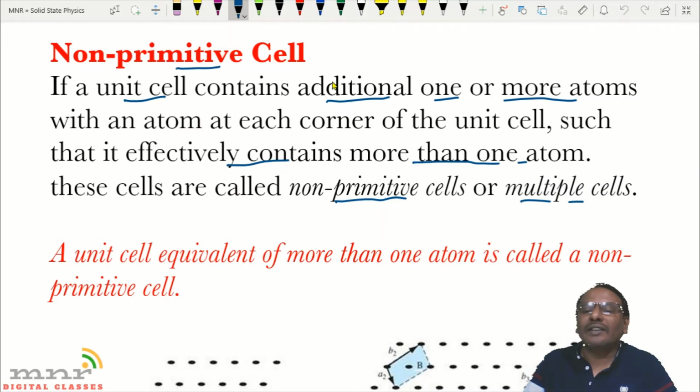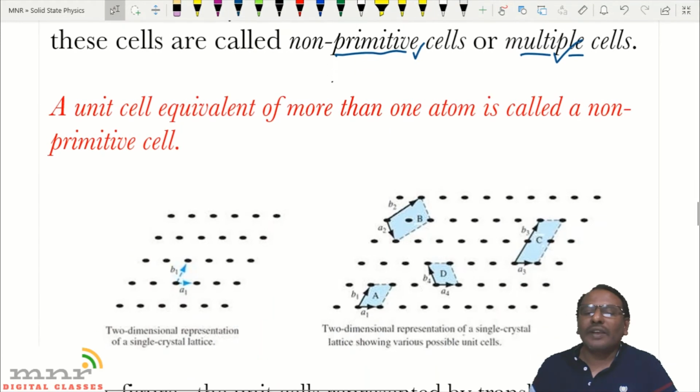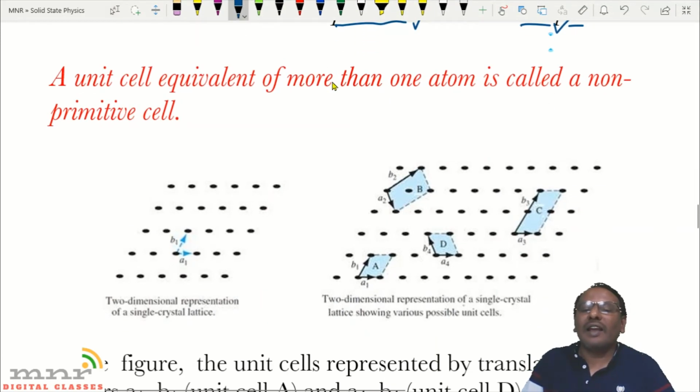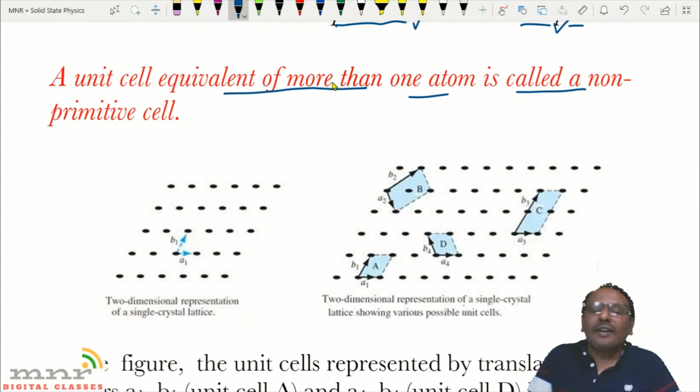We can have additional atoms at the edges or center or on the faces of the unit cell. In such case, it is equivalent to more than one atom per unit cell, and such a cell is called a non-primitive unit cell or a multiple cell. So we can define a non-primitive unit cell as a unit cell equivalent of more than one atom.